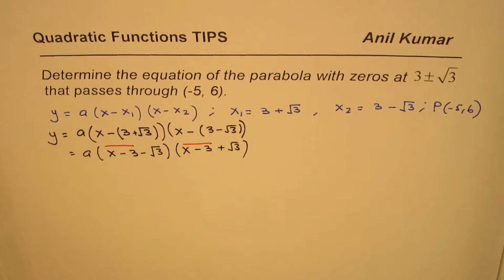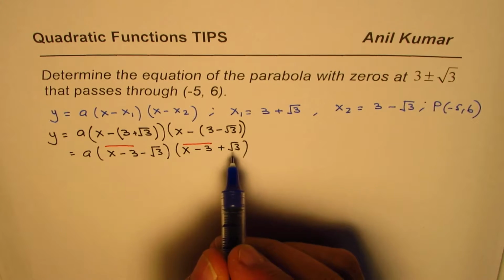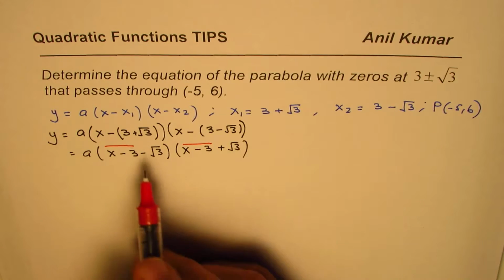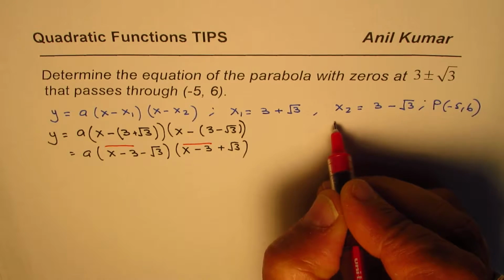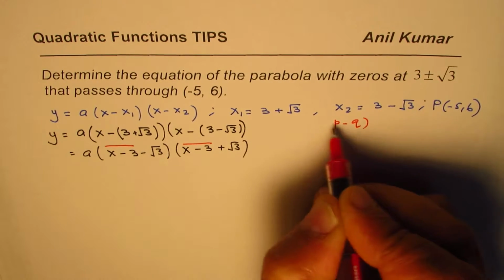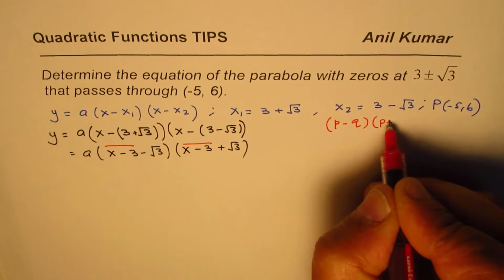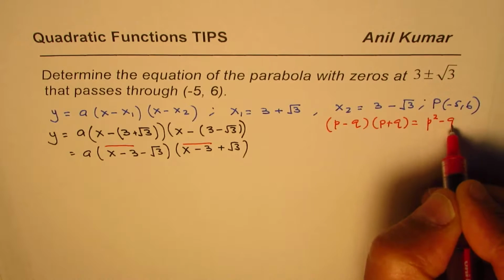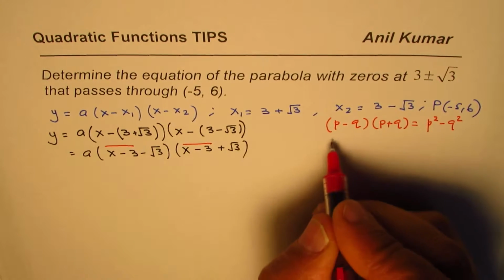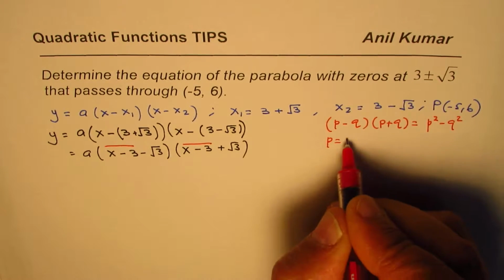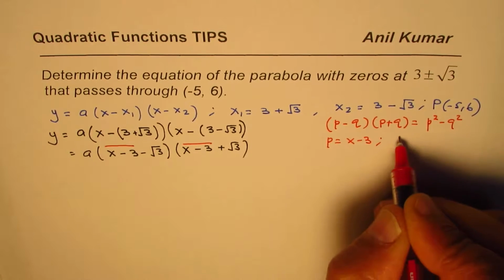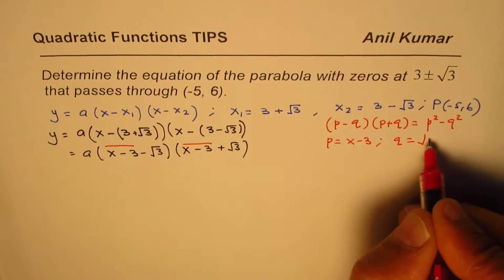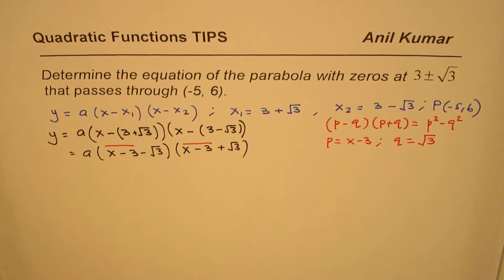I hope you remember that if we have a difference of squares, we'll apply a formula. The formula is, if we have, let's say, (p minus q) times (p plus q), we get p square minus q square, correct? In our case, p is equal to x minus 3 and q is equal to square root of 3. Do you see that? So we'll apply this formula and then expand.